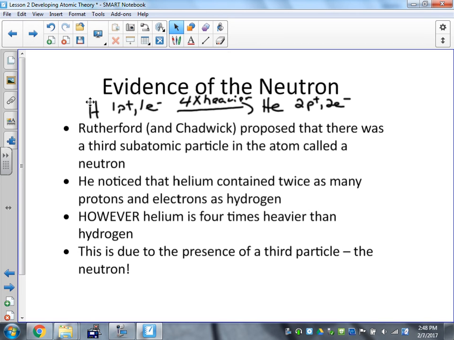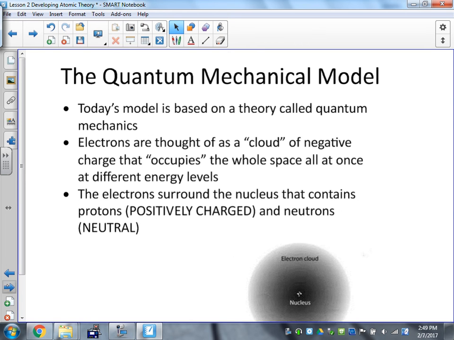Helium has 2 protons, yet it weighs 4. Okay. So what is missing there? Some neutrons. Yes. Okay. And so those guys were responsible for the neutron, of course.